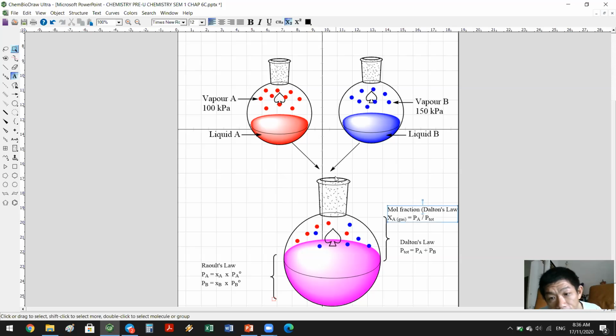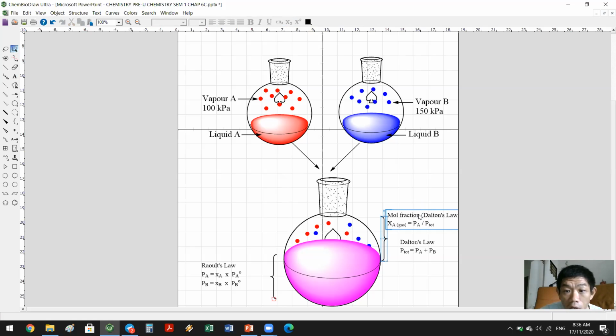So generally, these are the 3 equations that you are going to apply later in order to calculate the mole fraction of A and mole fraction of B. So now, this is the mole fraction of A in here. Now, how to calculate mole fraction of gas B? There are 2 ways. Either you use this same formula, or you can use what?